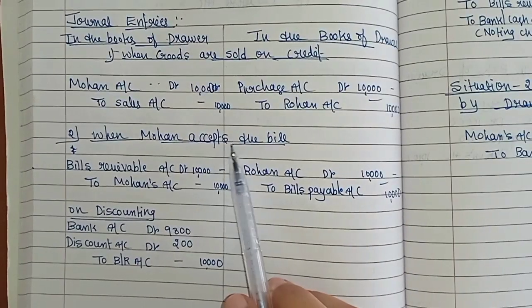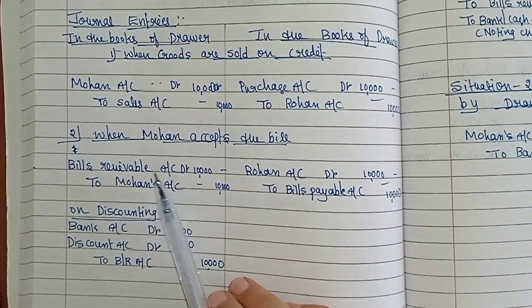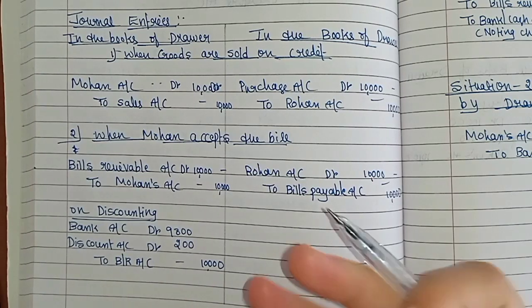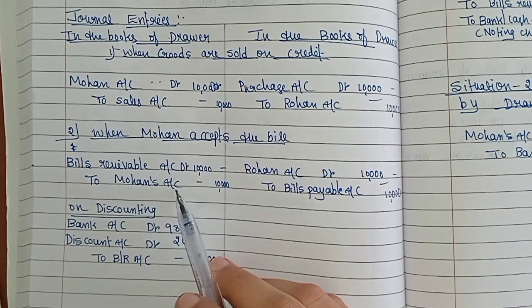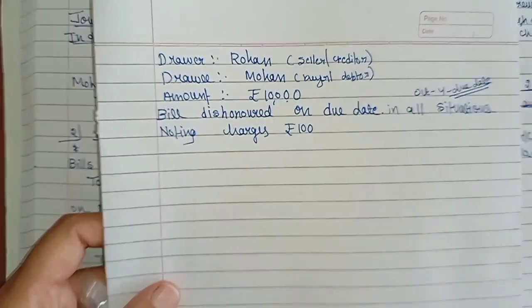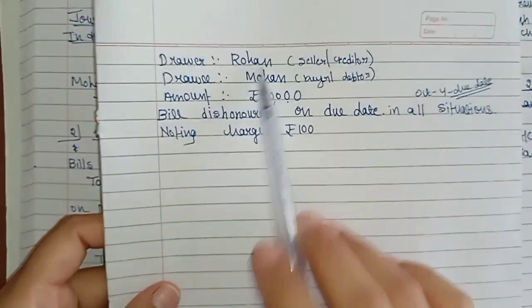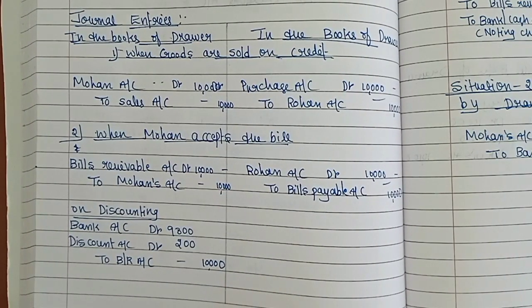So for acceptance, in the books of the drawer, the journal entry is bills receivable account debtor, bills receivable being an asset, to Mohan's account. Who has given the bill? Mohan. He accepts and gives it back to Rohan. So credit Mohan's account, that is rupees 10,000.